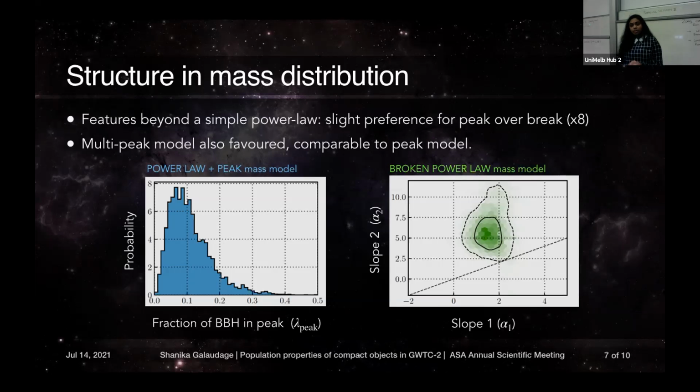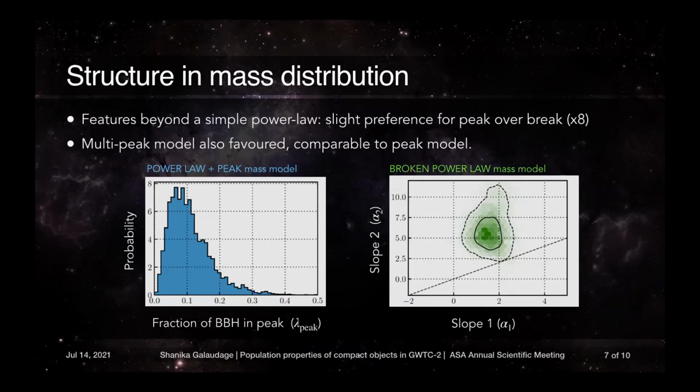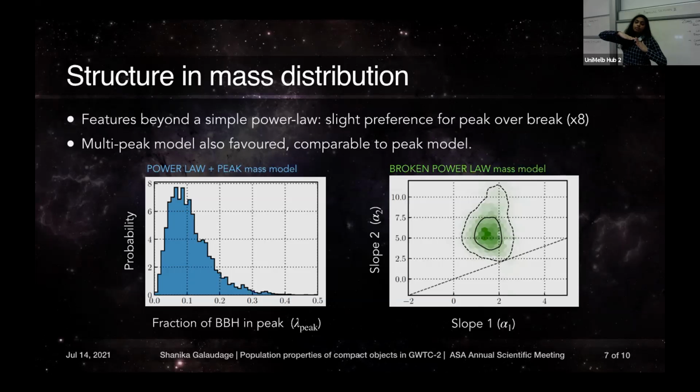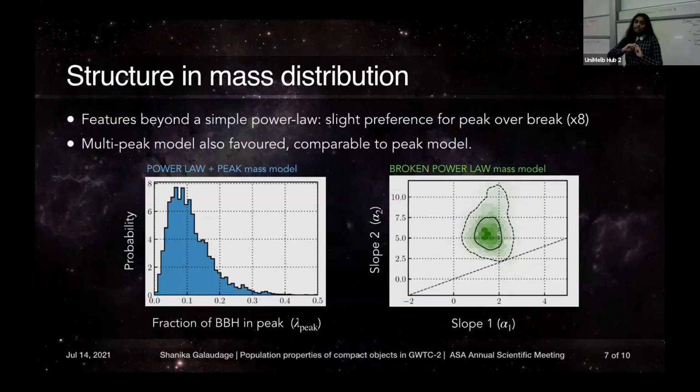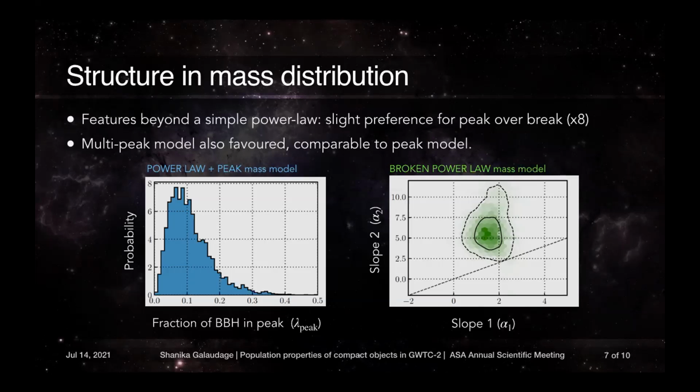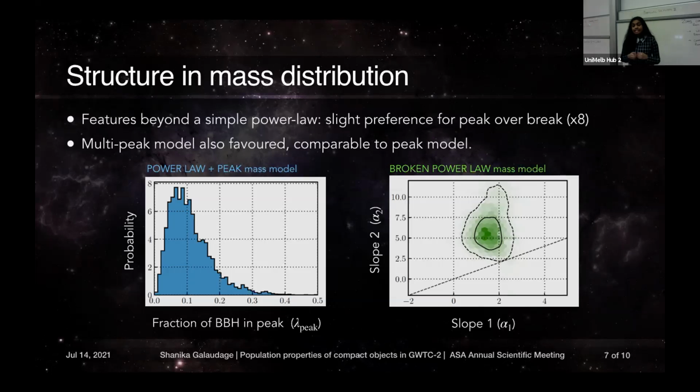Moving to the right plot, this is from the broken power law mass model. And here is plotted the distributions for the 2 slopes in our broken power law. And the dashed line represents where the slopes are equal. So here, you can see the green distribution is away from this dashed line, or excludes the dashed line, which indicates to us that indeed these 2 slopes are 2 different slopes.